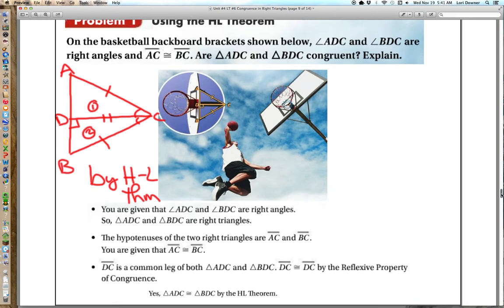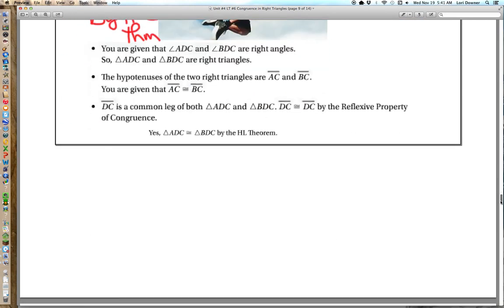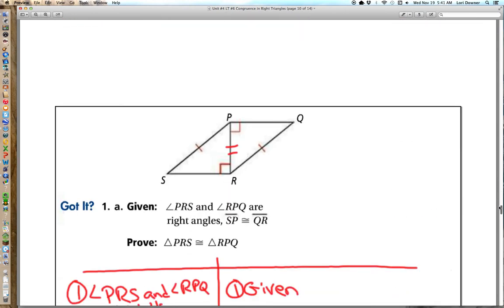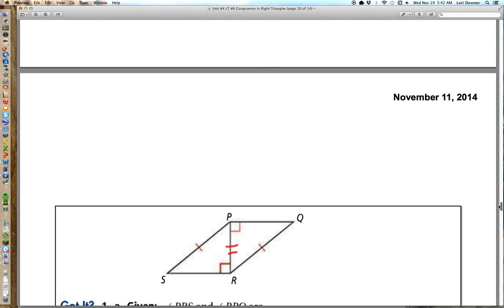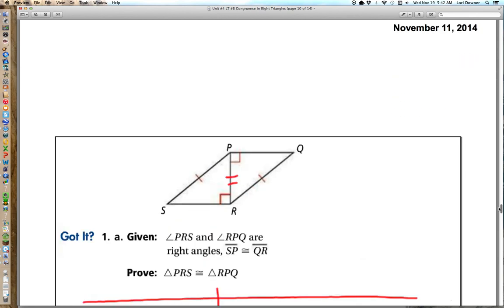Let's look at another proof. Well, that was an example. Let's look at a proof. Let's take this one. We have these two triangles, and we've got angle PRS and RPQ are right angles. As soon as you see right angles, you want to think, can I use hypotenuse-leg in this problem?